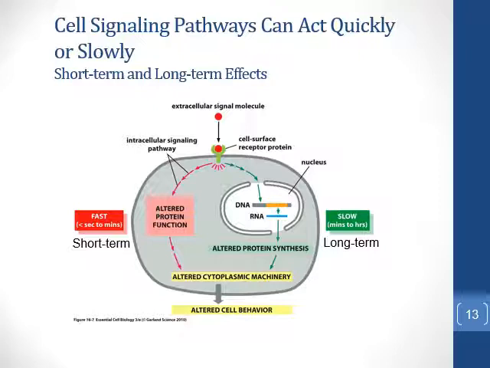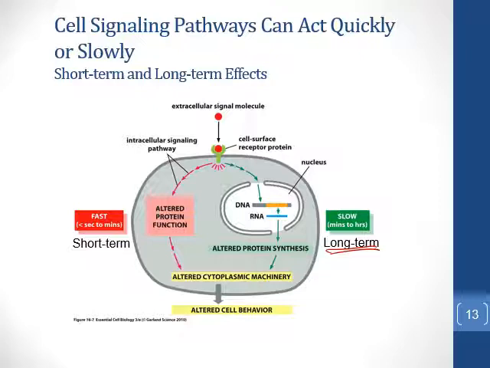These slow pathways, these pathways in which protein synthesis is altered, tend to be long-term pathways. Now this kind of makes sense because if you transcribe a gene, process the mRNA, export the mRNA, you're going to be making new protein from that mRNA as long as that mRNA is around. So as we know from previous lectures, that's going to relate to the stability of that mRNA.